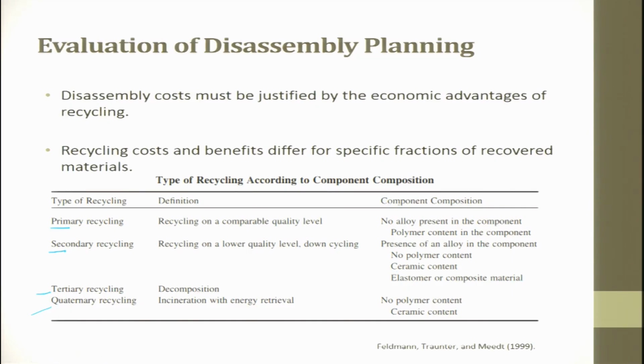So, these are all the component compositions, right. Then tertiary recycling is complete decomposition, with no polymer content or ceramic, and quaternary recycling is incineration with energy retrieval. So, this is like biomass, incineration with energy retrieval, and again the component composition will have no polymer or ceramic content in it.